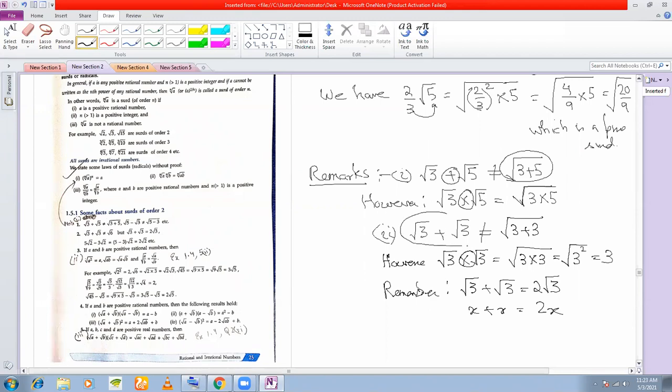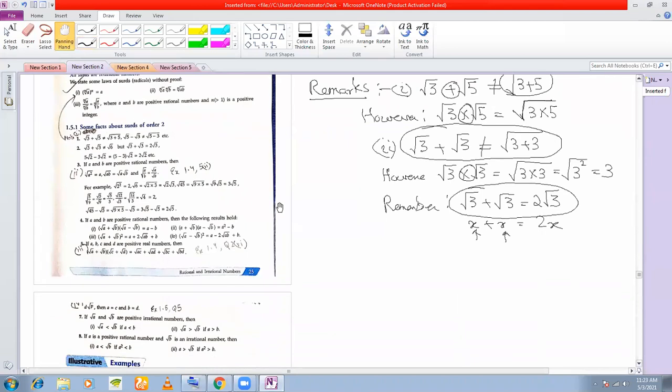Please do not make the mistake of writing root 3 plus root 3 is equal to root of 3 plus 3. Remember, root 3 plus root 3 is always equal to 2 root 3. It is just like adding two x's. X plus x is equal to 2x. Similarly, if I am writing 5 root 2 plus root 2, it is equal to 6 root 2.